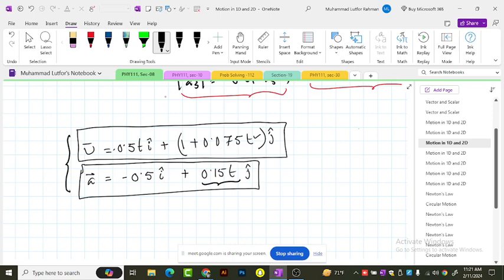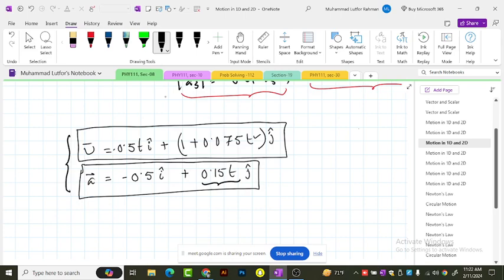So that's why I can say that this car is neither moving at a constant velocity nor constant acceleration, since these two functions, velocity and acceleration, change with respect to time. That's why it should be the answer. Is it clear to everyone?